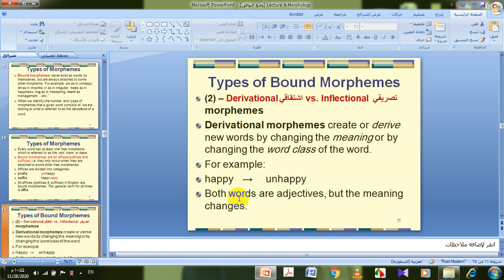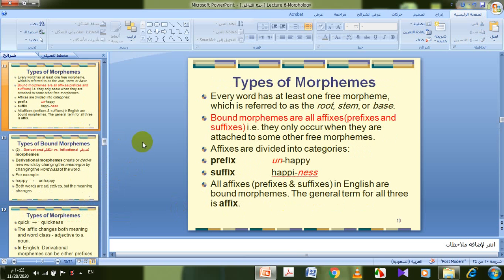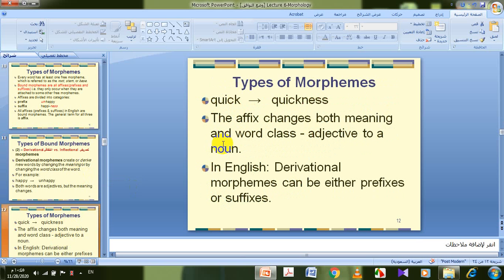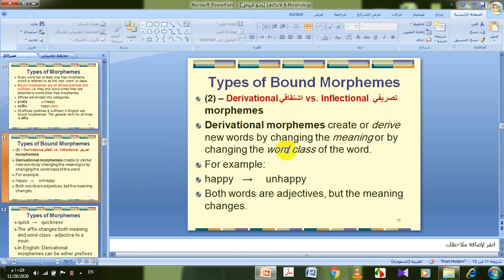Both words are adjectives, but the meaning changes. Good. I think we have covered this slide.